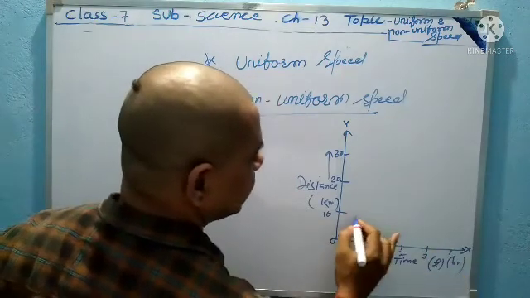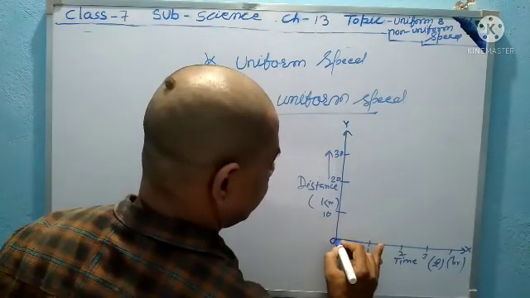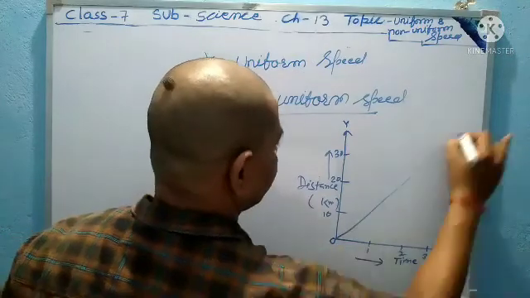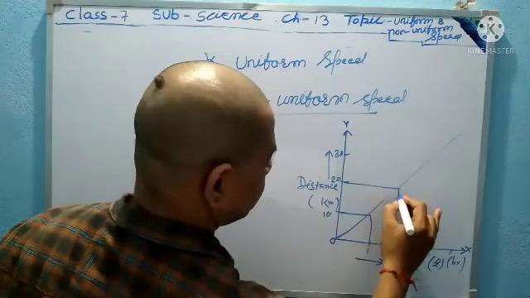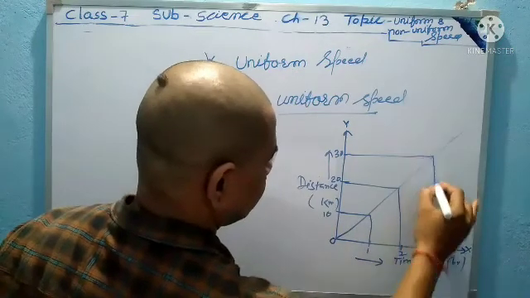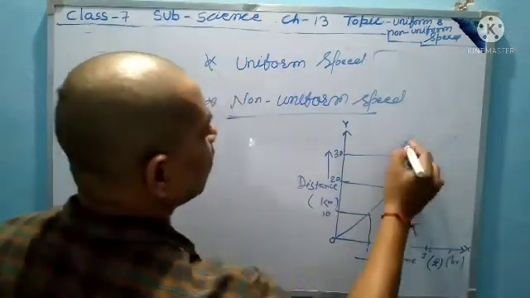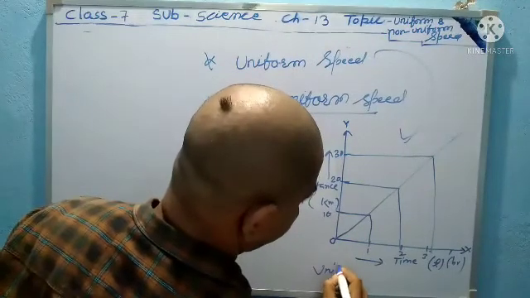This gives a straight line. So that is the uniform speed graph.